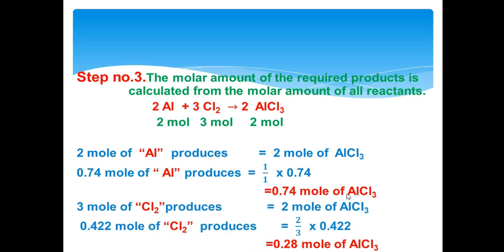Similarly, 3 moles of chlorine produce 2 moles of aluminium chloride. 0.422 moles of chlorine will produce 0.28 moles of aluminium chloride. This shows that aluminium during the reaction produces 0.74 mole of aluminium chloride product, while chlorine produces 0.28 moles of aluminium chloride.